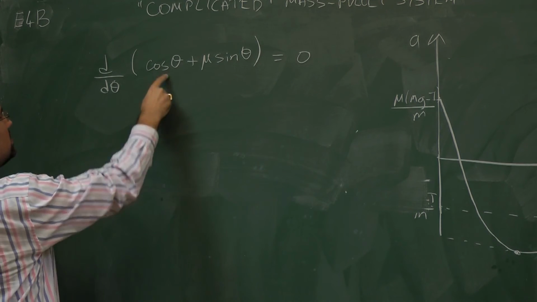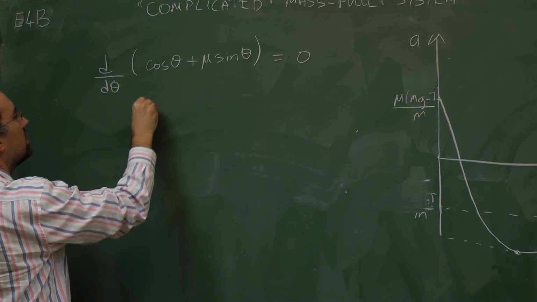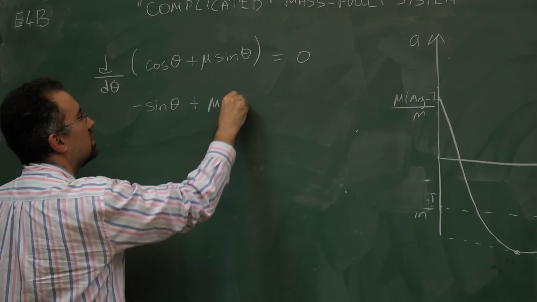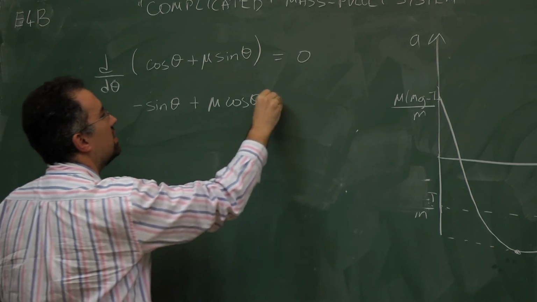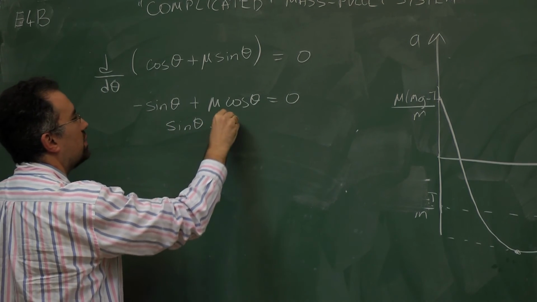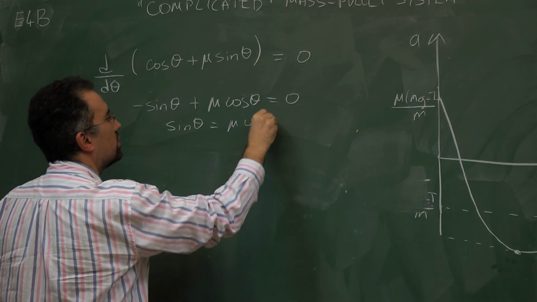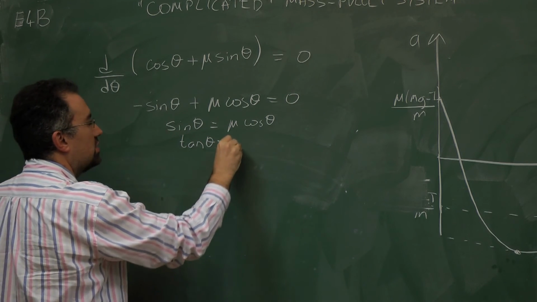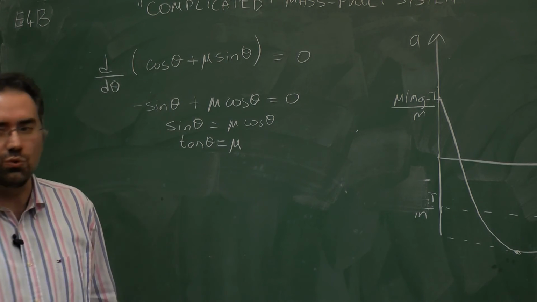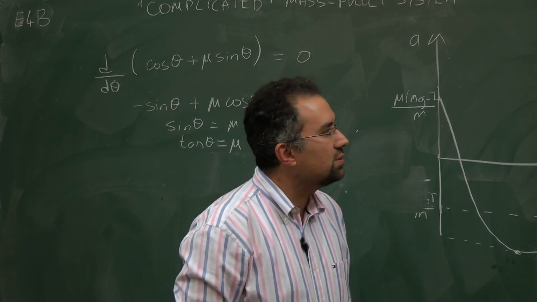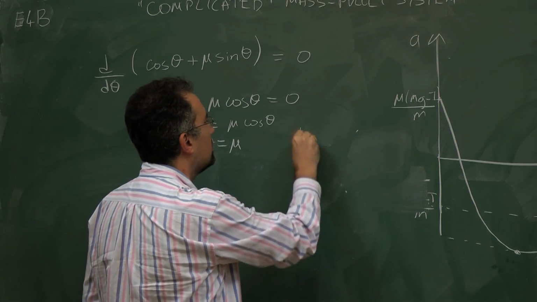So the derivative is: cosine theta becomes minus sine theta, plus mu times cosine theta, equals 0. So I get sine theta equals mu cosine theta, so tangent theta equals mu.